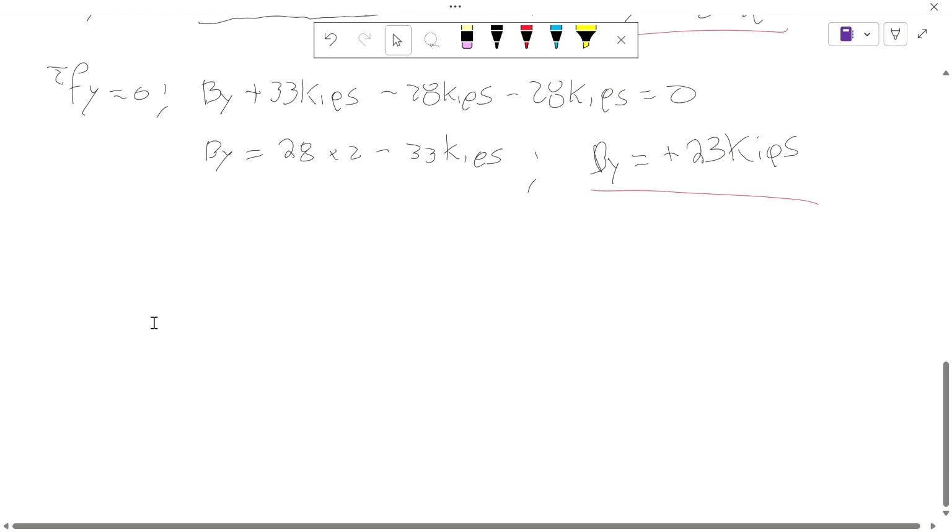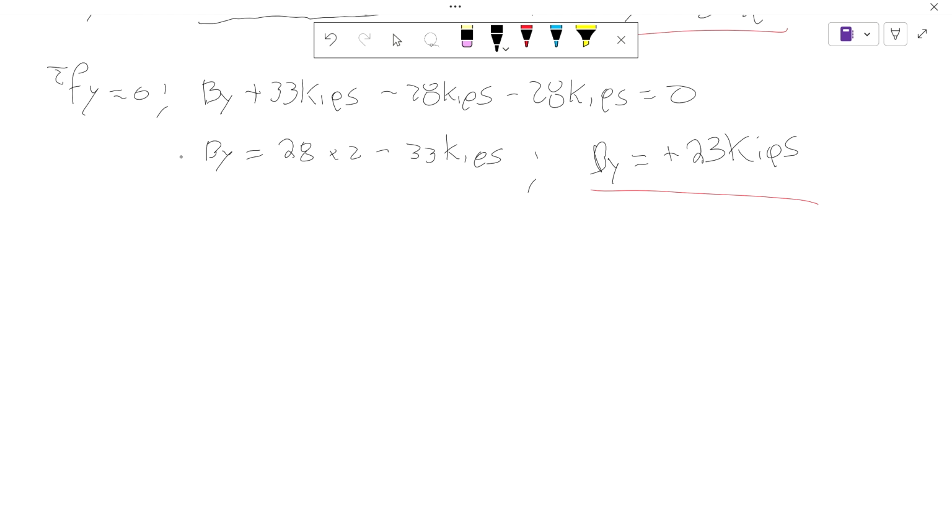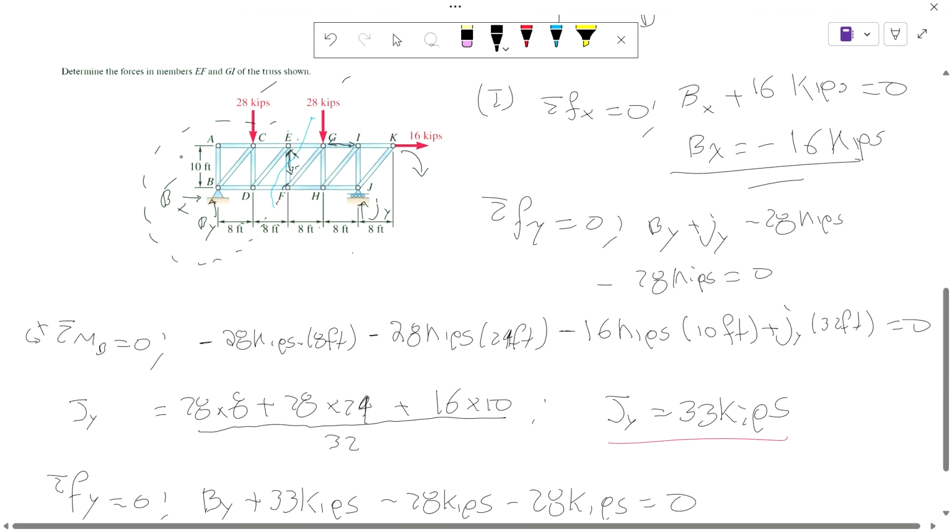The first one that we're going to try to find is element EF.